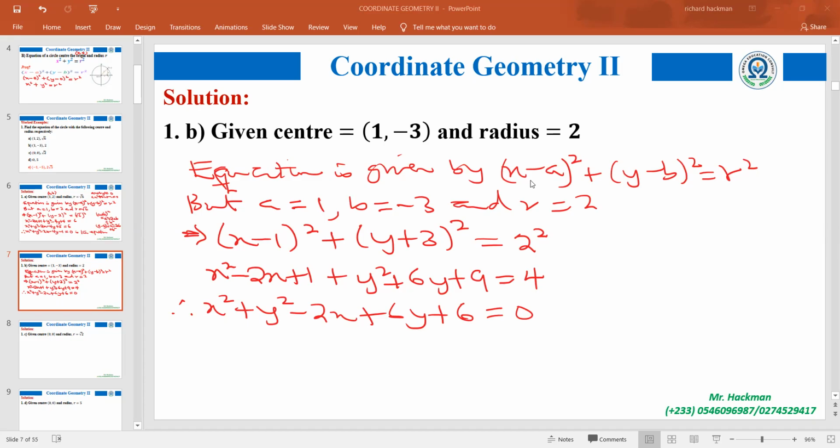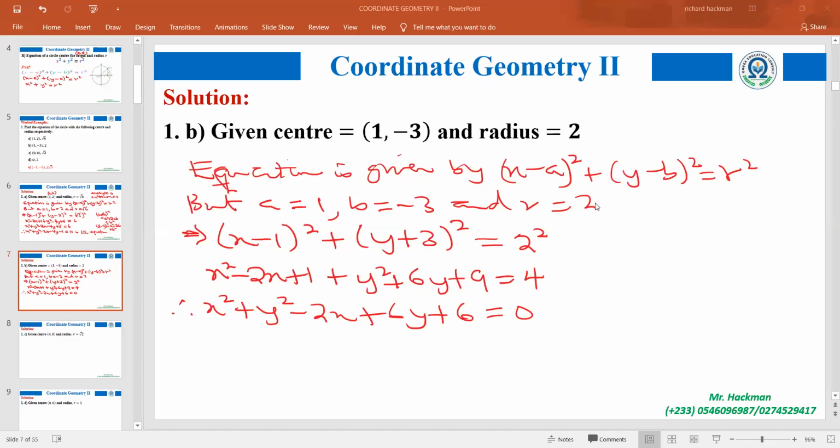If I write comma r, then I have defined my r in the formula. So when I'm writing the formula, r is already stated here, so I don't have to write the r because it's already stated that r is 2. However, if you don't state it here, then you have to come and write it this way.